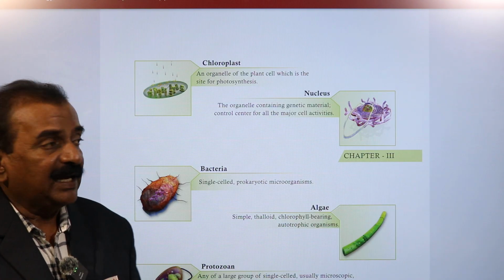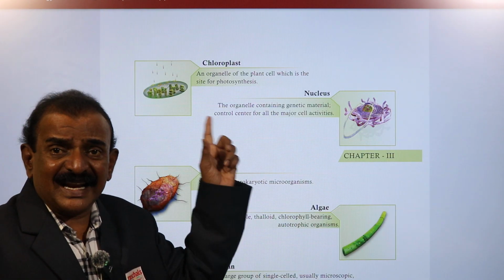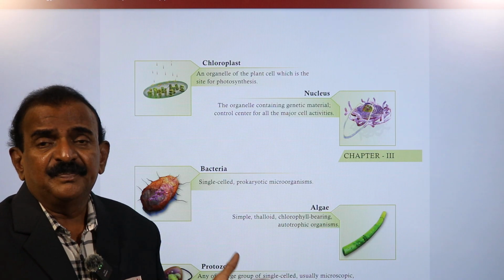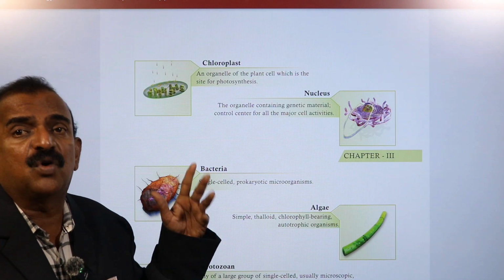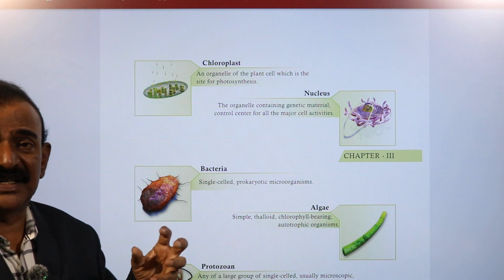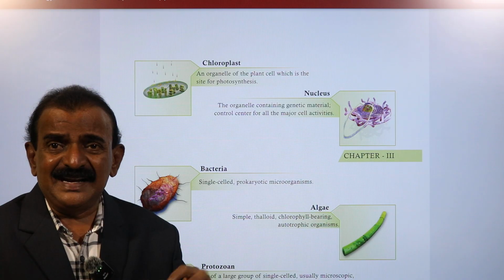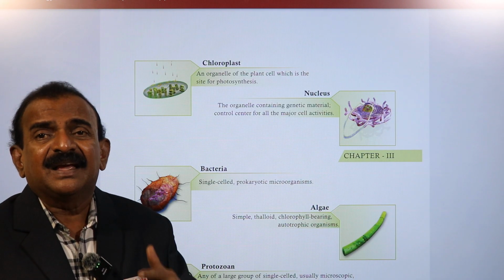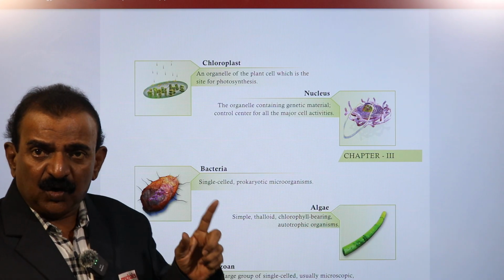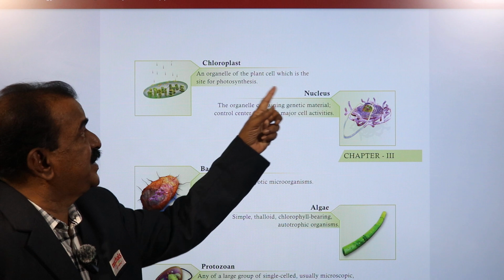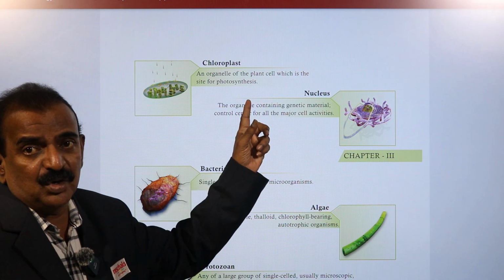The grana contain chlorophylls and other pigment molecules, and these perform photosynthesis, and that is the reason chloroplasts are important cell organelles present in plants. These chloroplasts perform a life process called photosynthesis. There you see an organelle of the plant cell which is the site for photosynthesis.